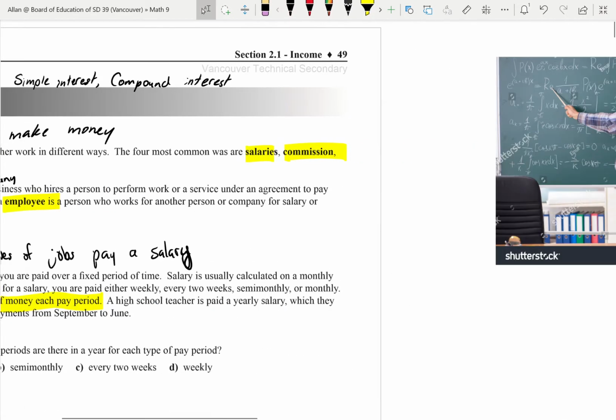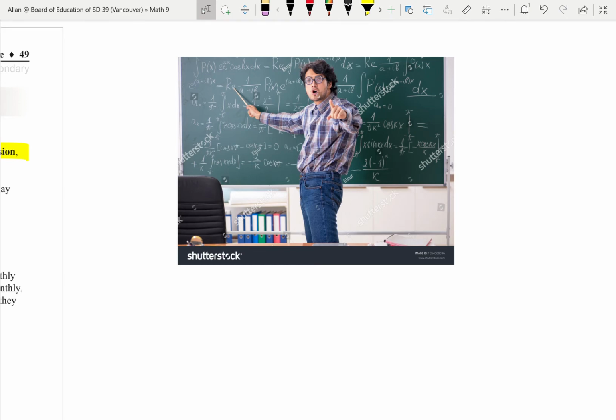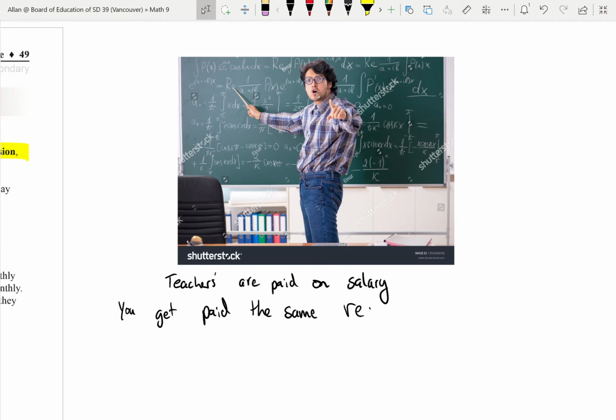The example that they give is a teacher. Teachers are paid on salary. The way we can think about this is you get paid the same regardless of how much you work.